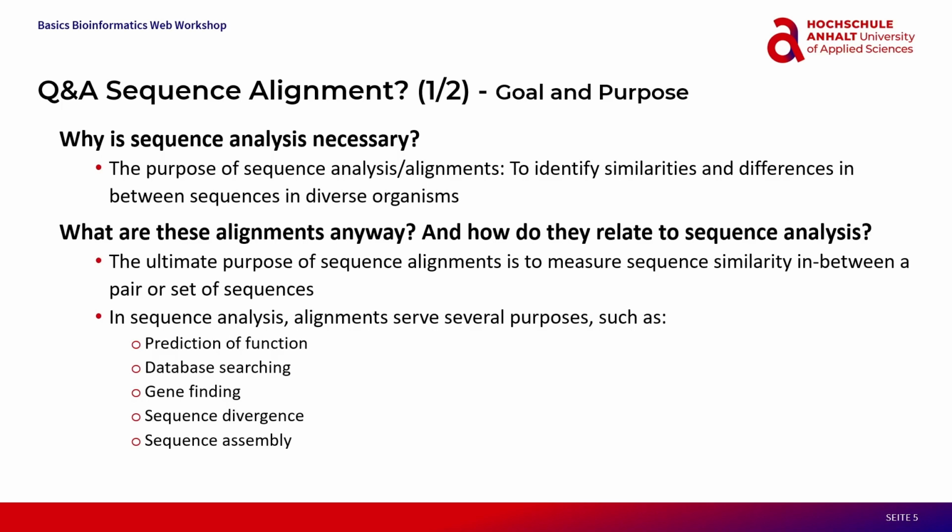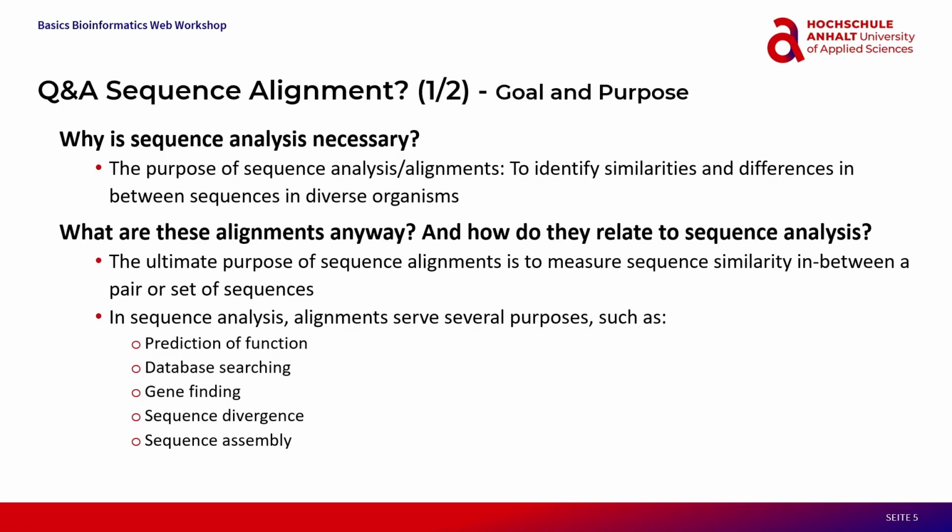Gene finding can also be done by aligning a reference sequence against a genome, so you can determine whether and where the potential gene that you're searching is present in your genome. Alignment strategies are used in sequence assemblies to arrange DNA fragments, as it is often required after sequencing. However, alignments serve an important purpose in identifying divergence and similarity between 2 or more sequences. This can give us an indication on their evolutionary relationship.